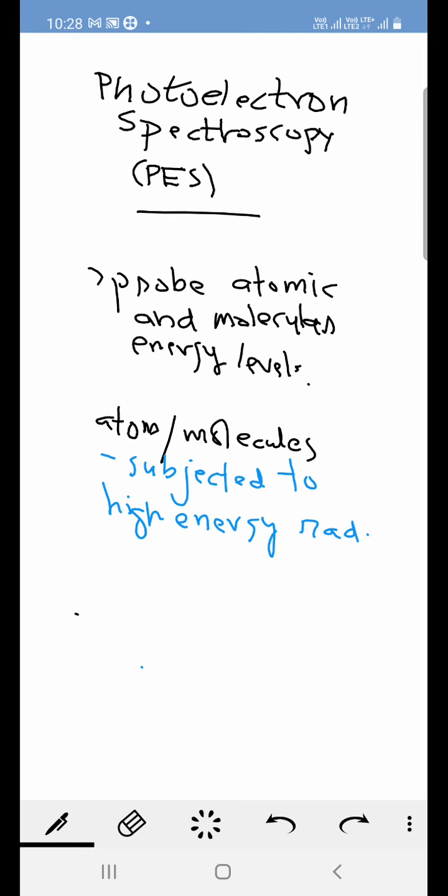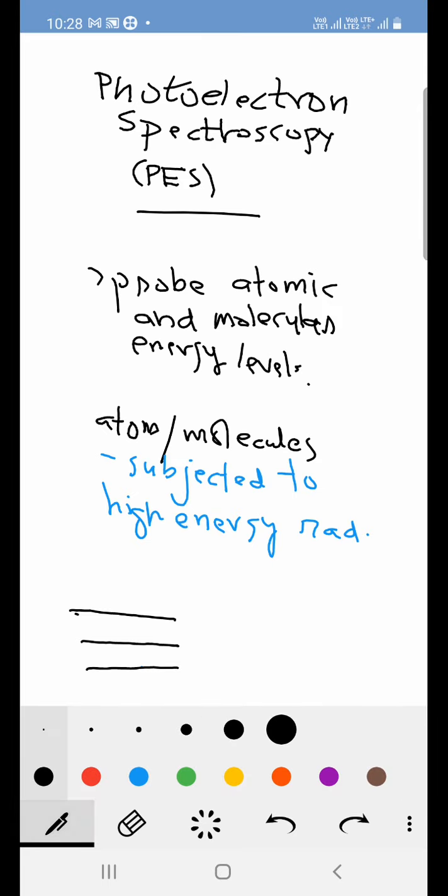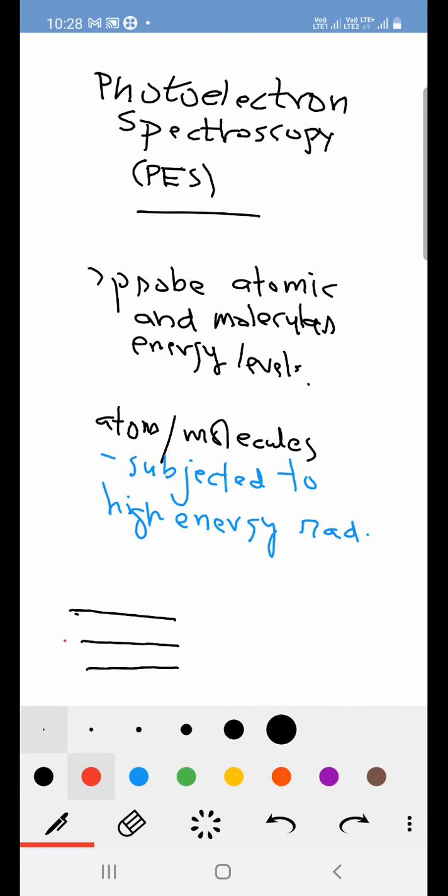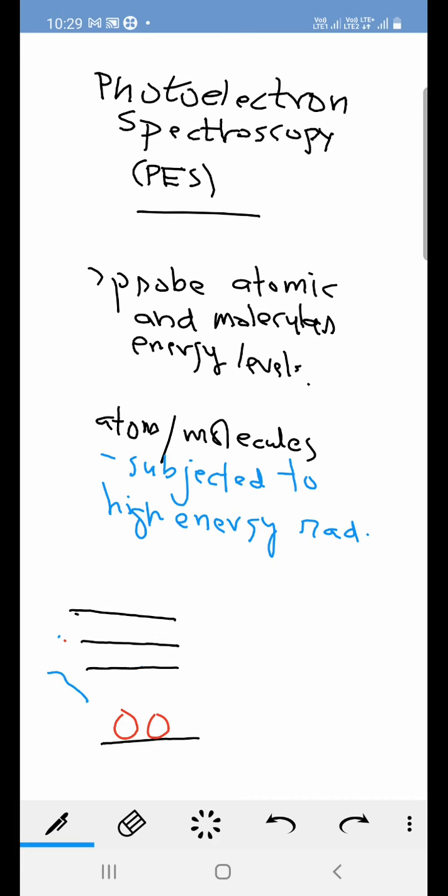Suppose we have the levels here, and you have atoms, molecules here. So whenever there is an incoming of a high energy radiation, h nu, the electrons are ejected.